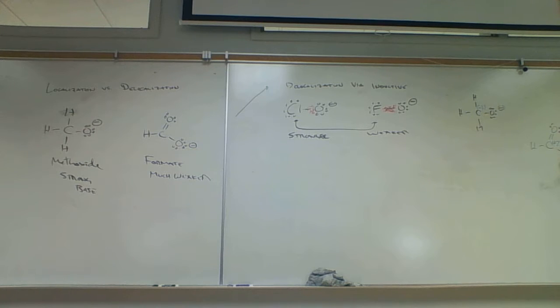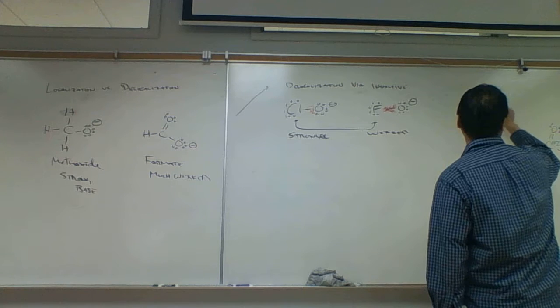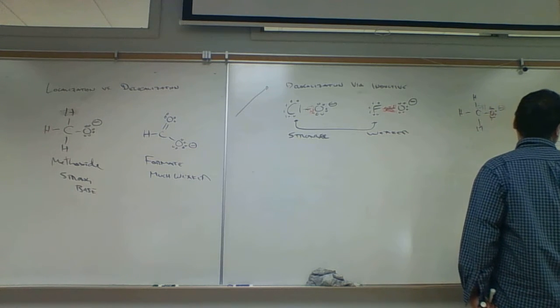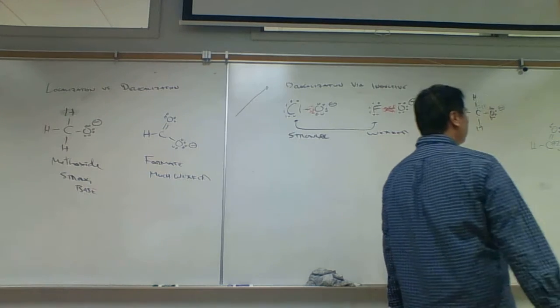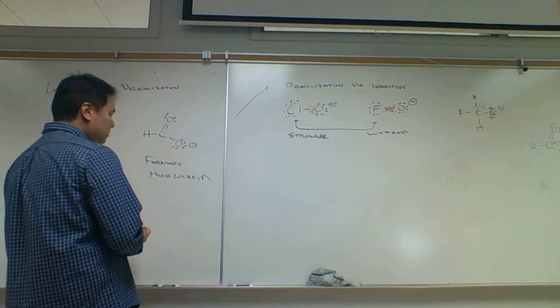So some of the electron cloud can be pulled towards that carbon, which means the charge on this oxygen is going to go down. Whereas over here, none of the electron cloud is going to be pulled towards the carbon. In fact, it's electron rich. So in the scheme of things, this one is going to be a much brighter red in terms of the electrostatic map, and this one is going to be a much less intense red. And so that's delocalization via the inductive effect.